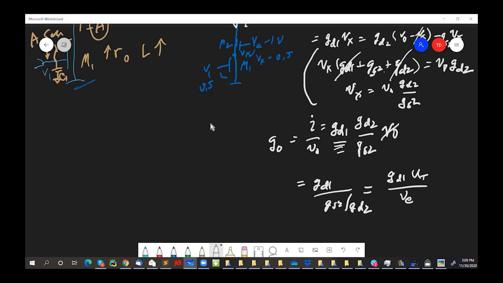For example, this will be like 1/40th of a volt, and this will be like, say, 5 volts to be conservative even. So it'll be 5 times 40 times smaller. 5 times 40 is 200. So it'll be like GD1, the original drain conductance, divided by 200. Is that right? 5 times 40 is 200? Yeah. It's cool, huh?